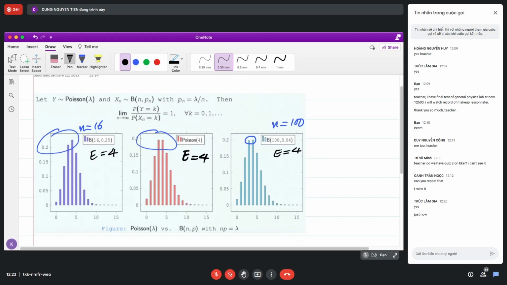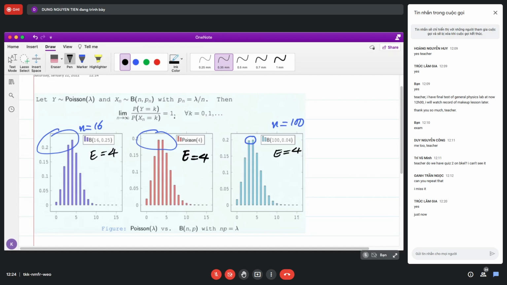When n goes to infinity, we can prove that if y is a Poisson random variable and xn is a binomial random variable with the two parameters n and pn, where pn is lambda over n, then n is bigger and bigger and pn is smaller and smaller. Lambda is a fixed value, a constant. Then in the limit as n goes to infinity, the probability of y equals k over the probability of xn equals k has limit 1.